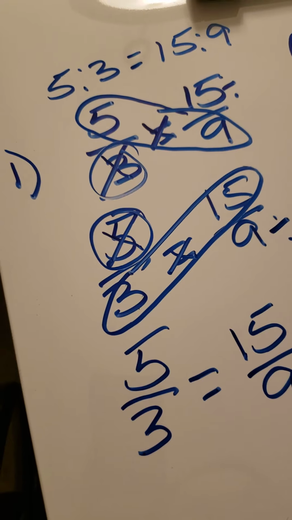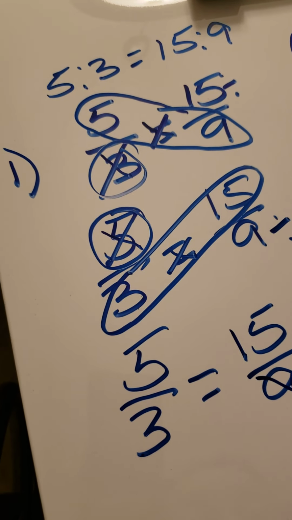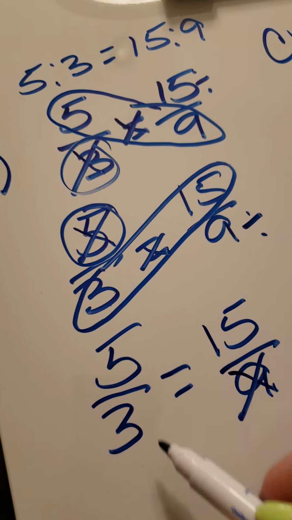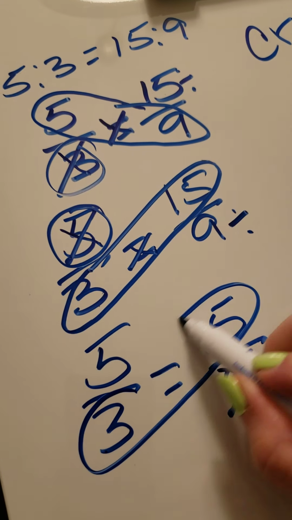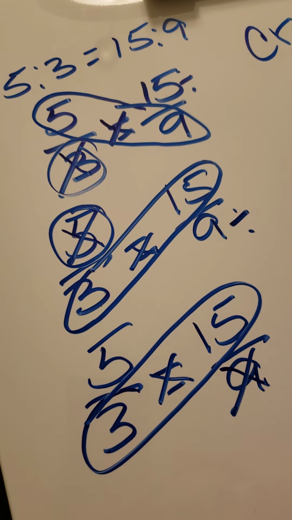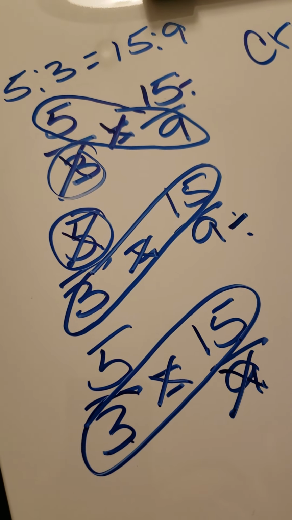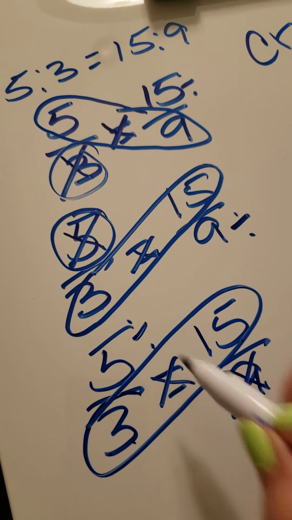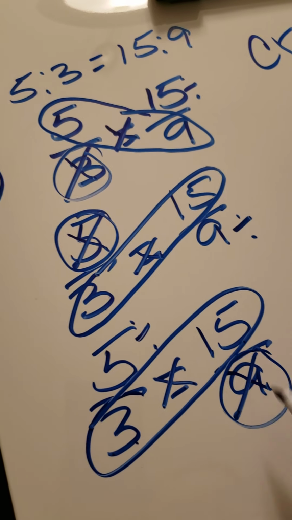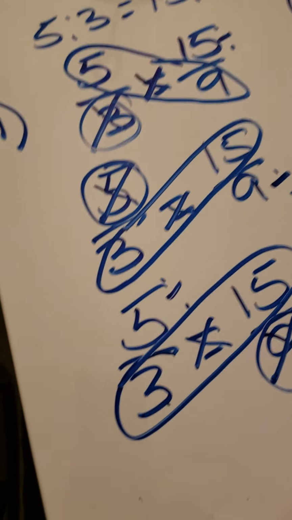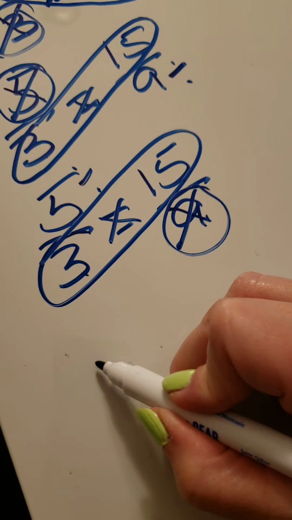I'm going to go ahead and hide the 9. Cross multiply. 3 times 15 is 45, divided by 5 gives me 9. One more time.